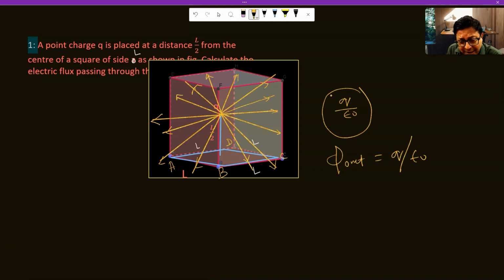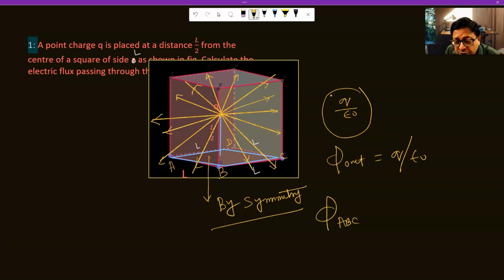So through one face, through this face only, by symmetry, phi through this face of the cube is going to be phi out divided by 6.